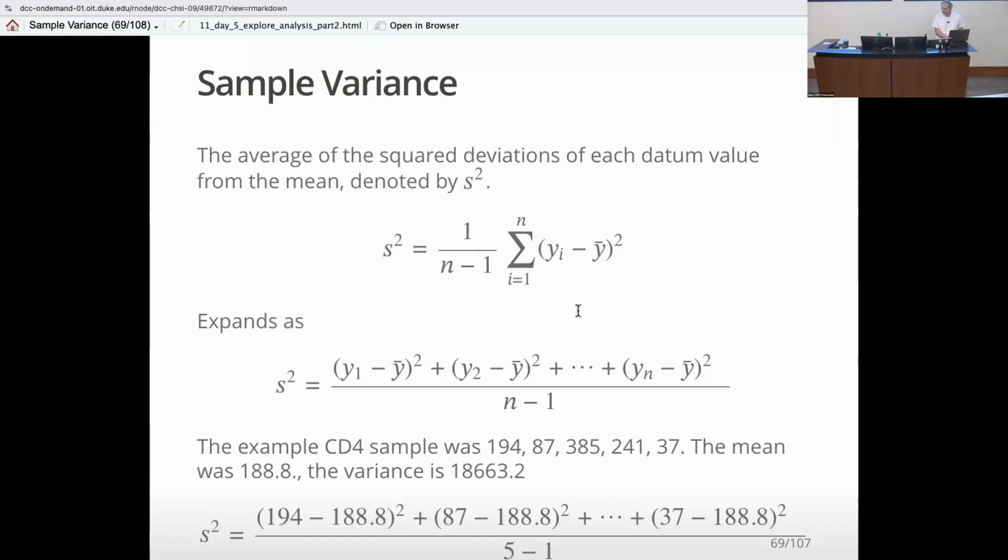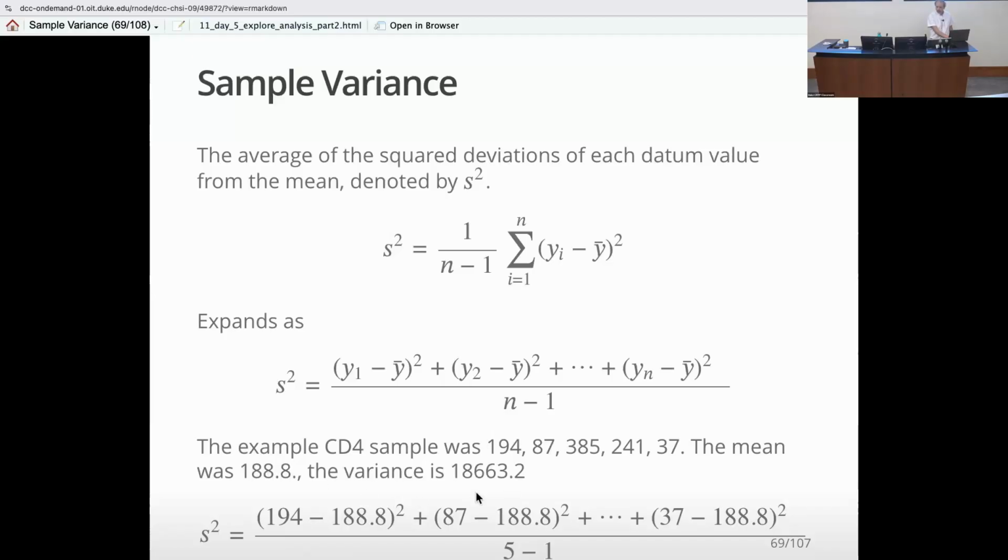We can calculate that by calculating the mean of the data, and then for each value in the data, subtracting the mean from it, squaring that, and then summing up those numbers and dividing by the total number of values minus 1. And this is expanding that, and this is how we'd calculate that for our CD4 sample.